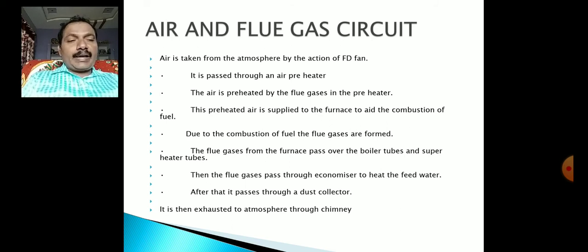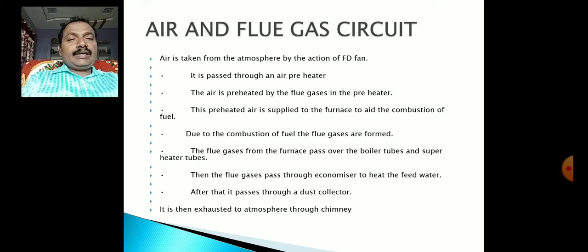You should supply hot water so that the efficiency of the boiler increases and the efficiency of the overall plant also increases. Hence the flue gases are used to increase the temperature of the feed water which is running through the economizer.